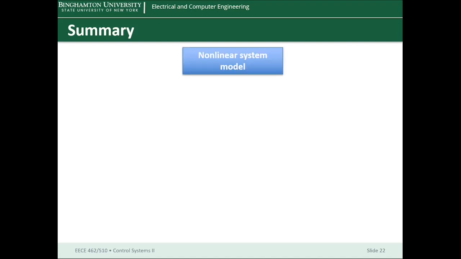Now I want to summarize the design of a controller for a nonlinear system. We first have a nonlinear system model.